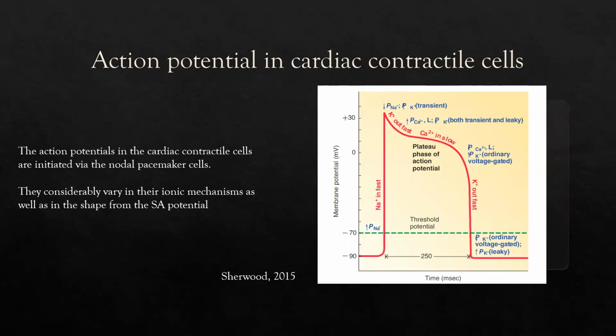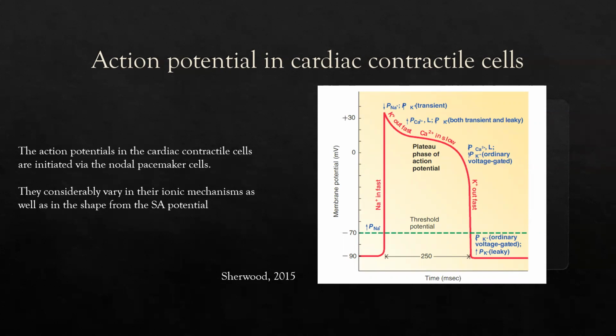Myocardial contractile cells have several subclasses of potassium channels, and at resting potential, the type of potassium channel that is open is especially leaky. The resultant outward movement of potassium through these channels keeps the resting potential close to the potassium equilibrium potential, which, as I stated earlier, is -90 millivolts.